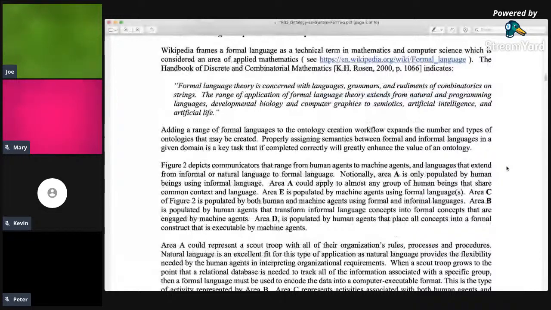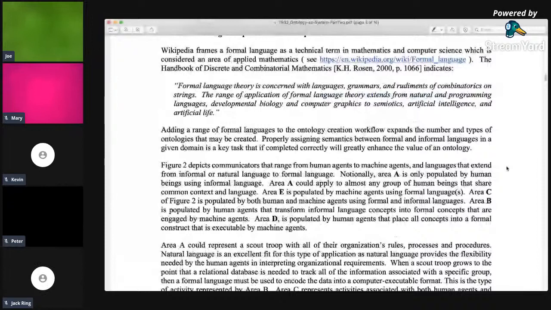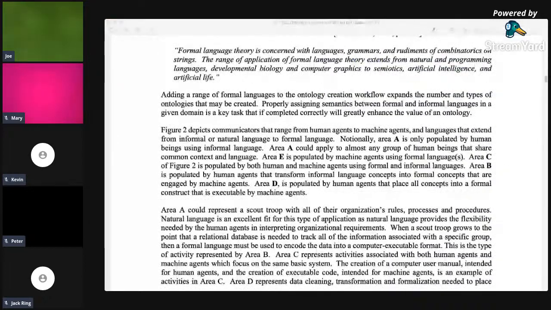Then the idea that we have another area E that only has machine agents, and they are talking with each other using formal language and formal application programming interfaces that are all very well defined.